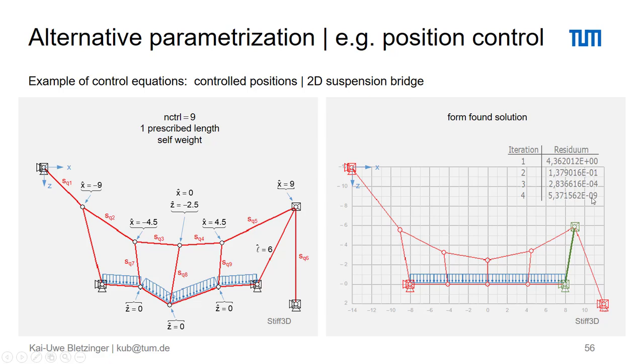That's how it should be, and we may check with respect to the given coordinate system if we have reached the goal. Yes, we did. Nicely, the deck is horizontal together with the self-weight which we had considered. And the post, of course, has the proper length, which is supposed to be 6.